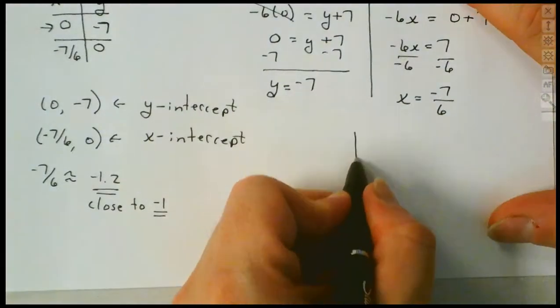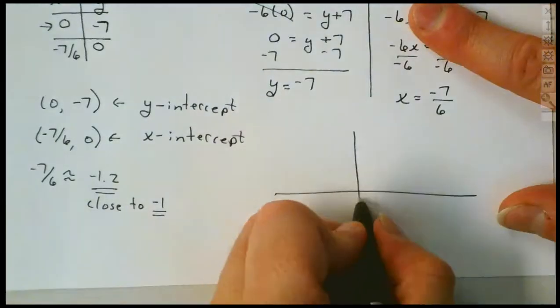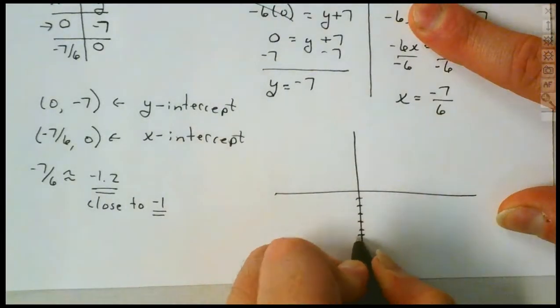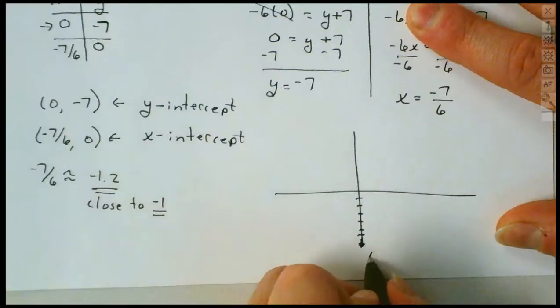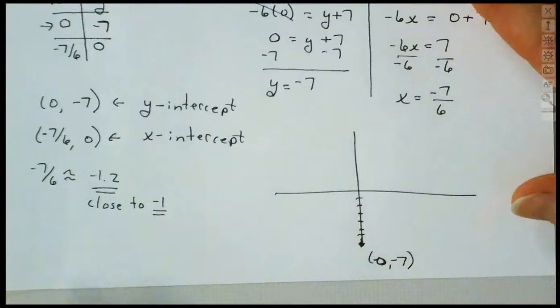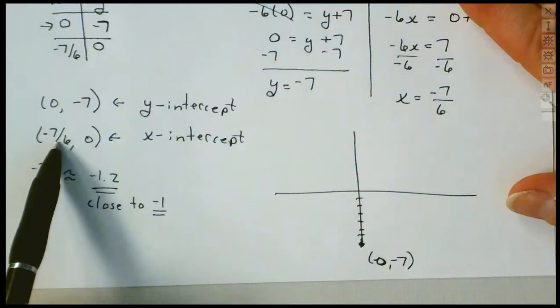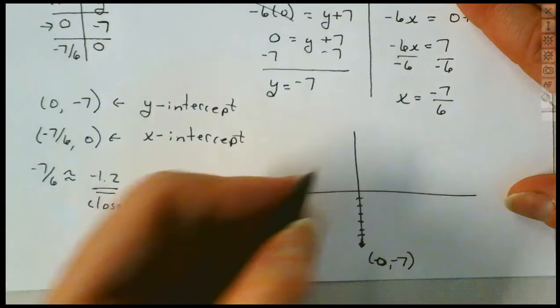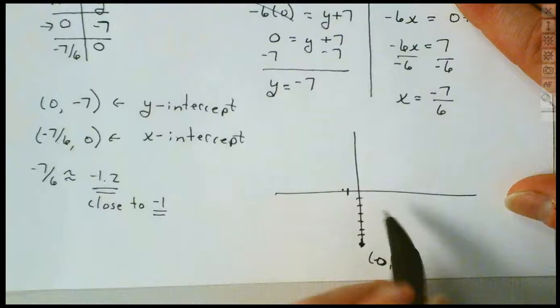So when I go to graph this, our first point is at 0, -7. So that's going to be right about there at 0, -7. Our second point, this is about -1. So our second point is going to be at about -1, comma 0. So I'll call that -1.